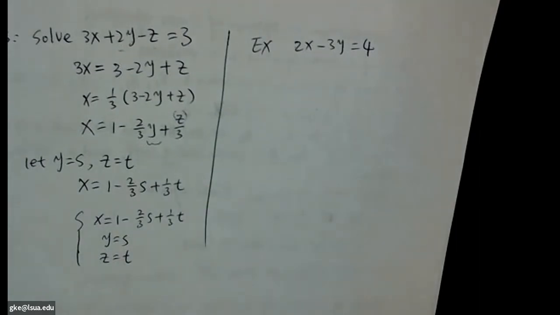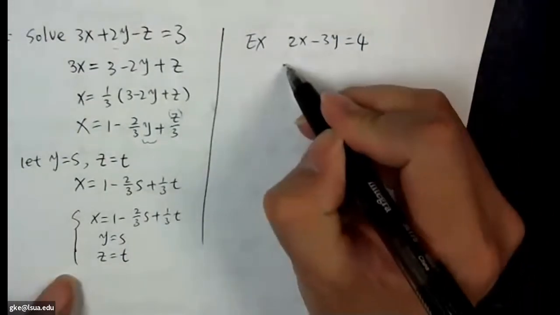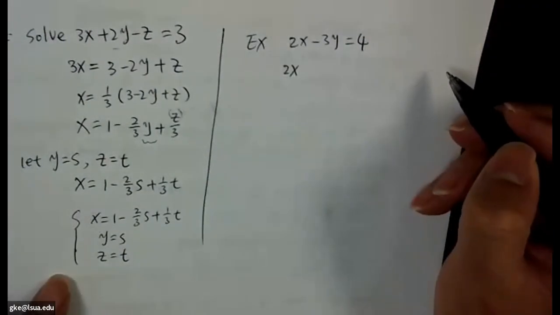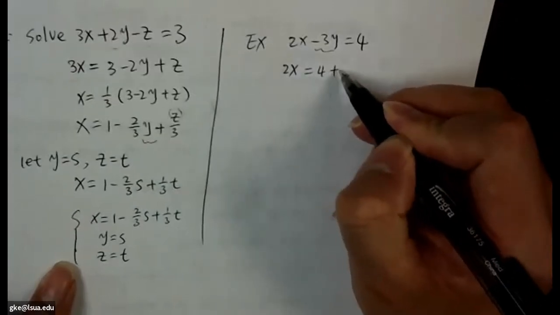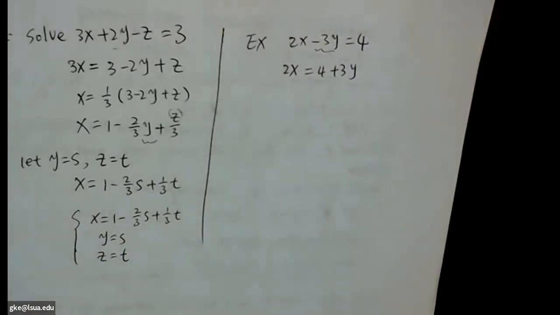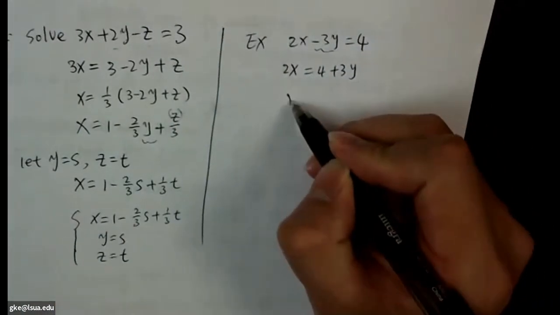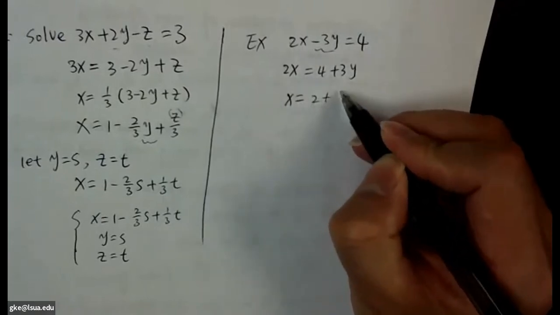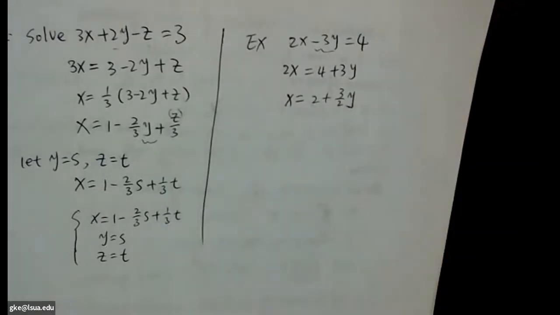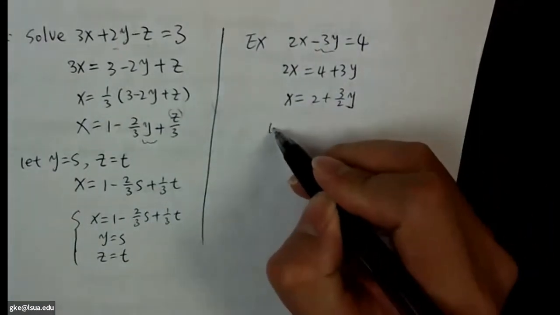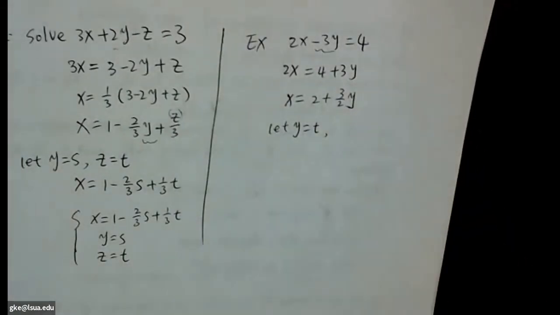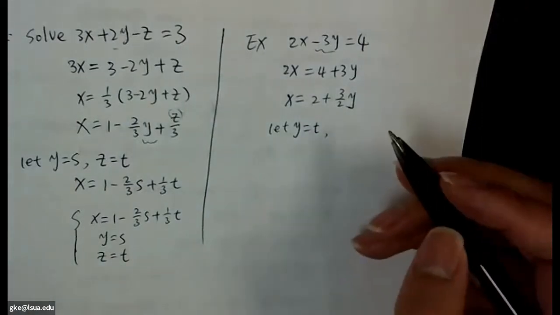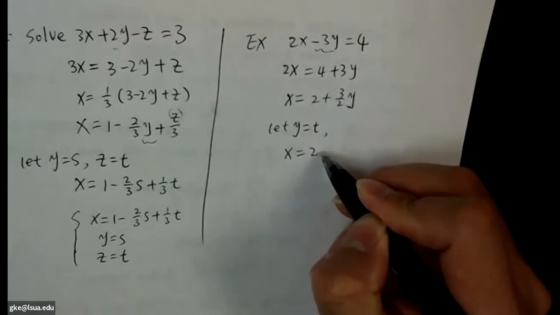So for 2x minus 3y equals 4, we keep the x on the left-hand side. We move this term to the right-hand side, so we have 4 plus 3y. And then we divide by 2 on both sides, so we get 3 over 2 y. Now we let y equal t, for example, the parameter t, and then we can plug in to get x.